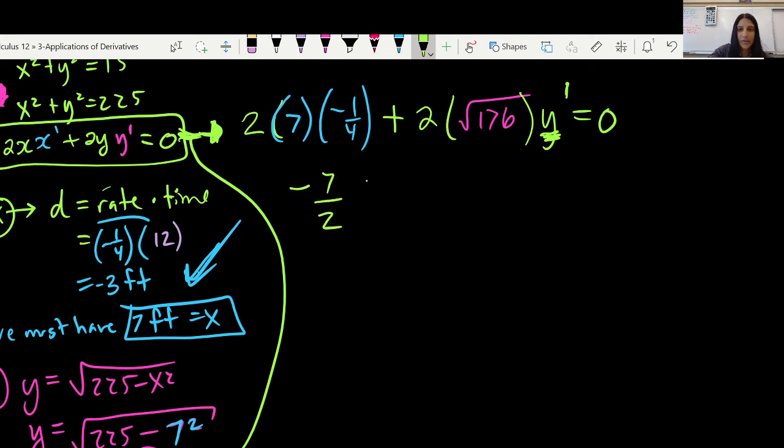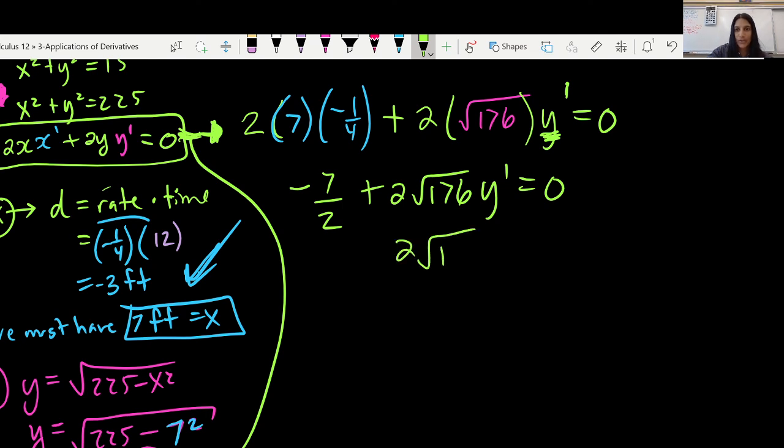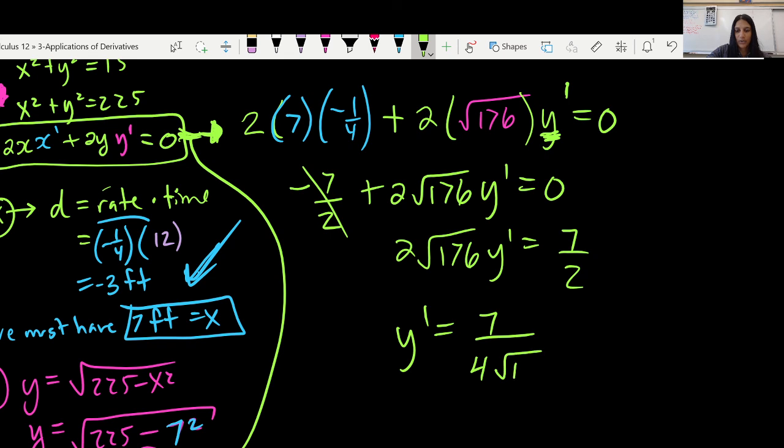Negative 7 over 2 plus 2 root 176 y prime equals 0. So 2 root 176 times y prime equals positive 7 over 2 when I move this guy over. So my y prime is just equal to 7 over 4 root 176, which is approximately 0.1319 feet per second.